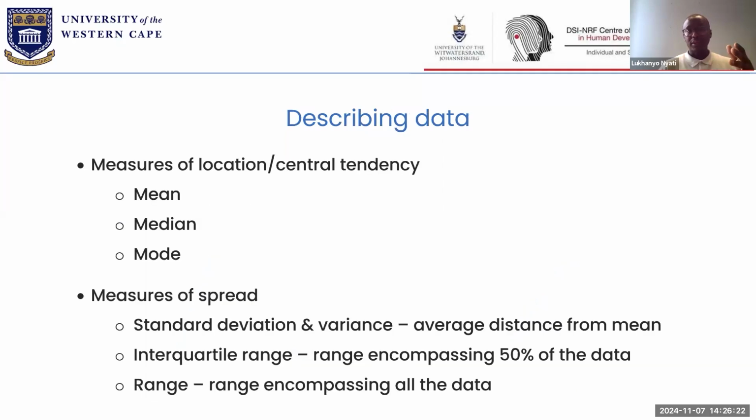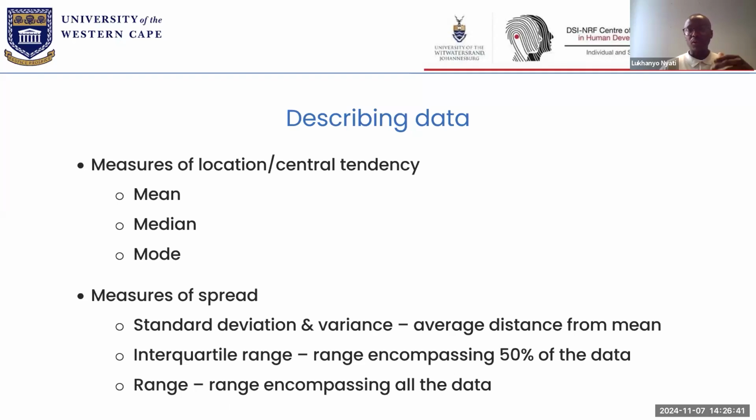These are the measures of central tendency that we use when we're describing data, continuous data specifically, or numeric data. We use these measures of central tendency, and that is the mean, the median, and the mode.